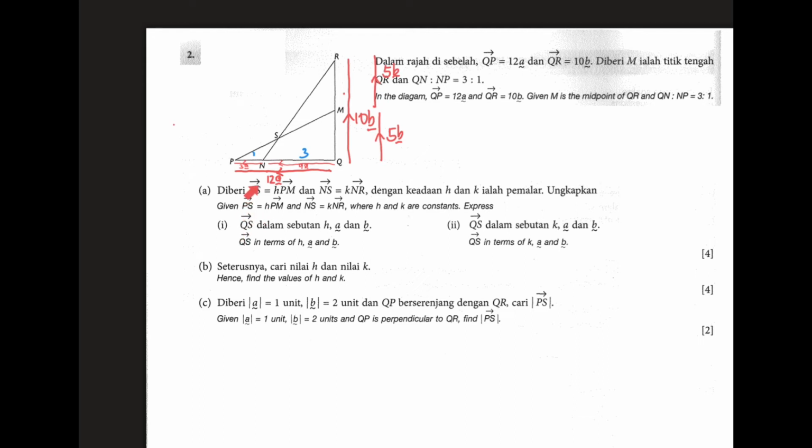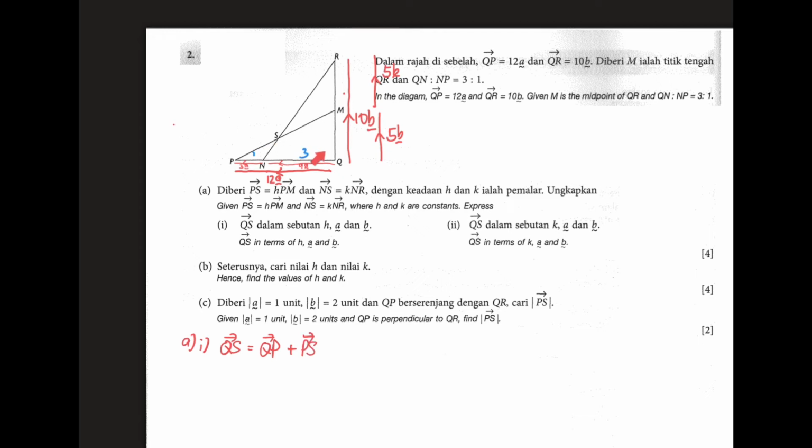Okay, so let's see. QS is Q to S. So PS is here to here. So we need to relate QS and PS. Okay, so we can relate it in this way. I know that QS is QP plus PS.